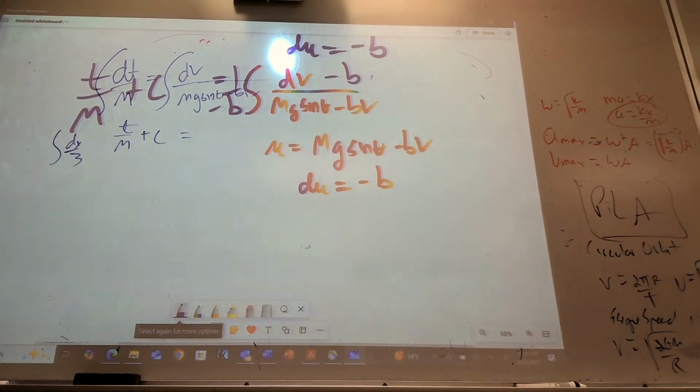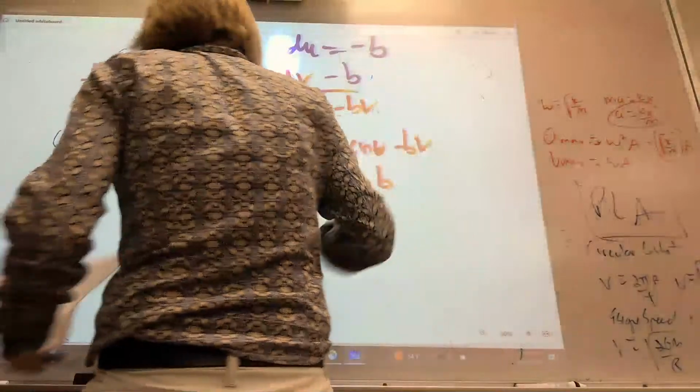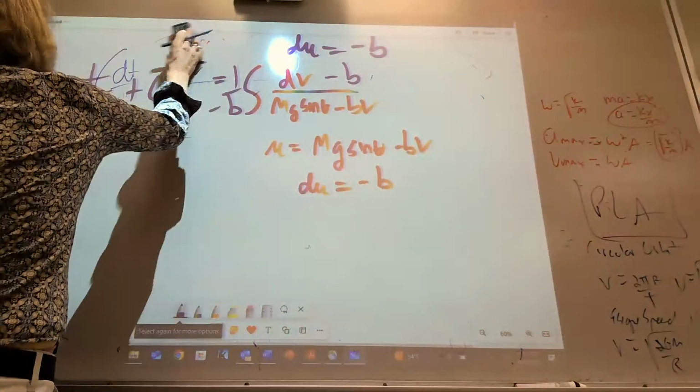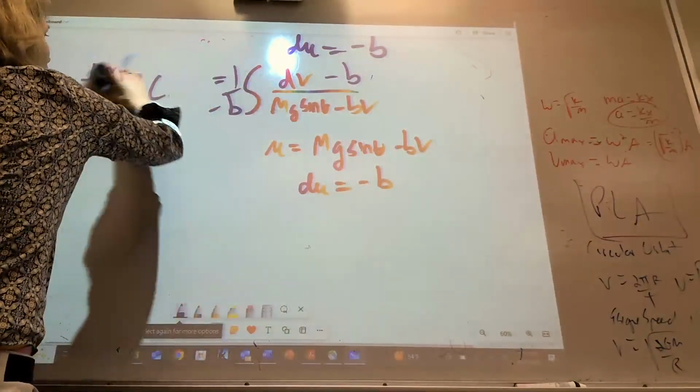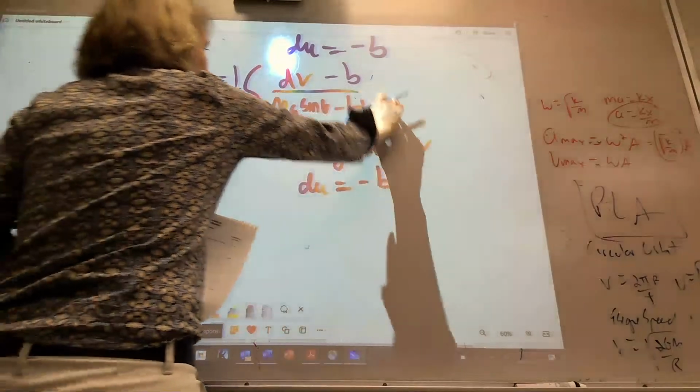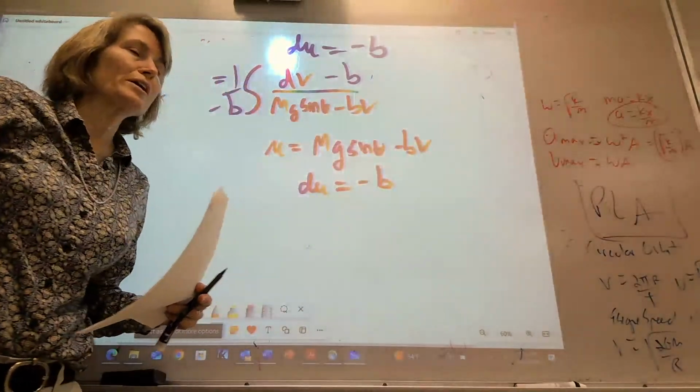This is to the power of 1 in the denominator, and you have to know this for the test Wednesday. I have something to the power of 1 in the denominator. What do I have to use when I get my antiderivative?